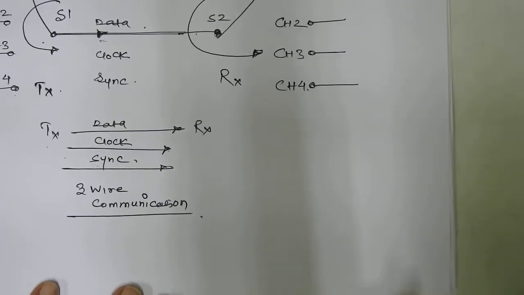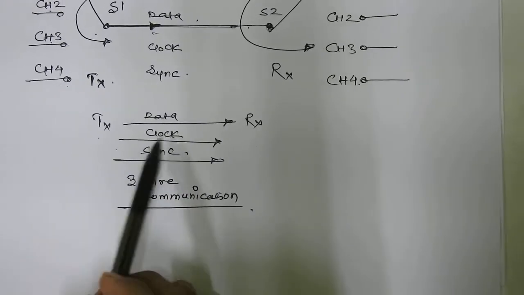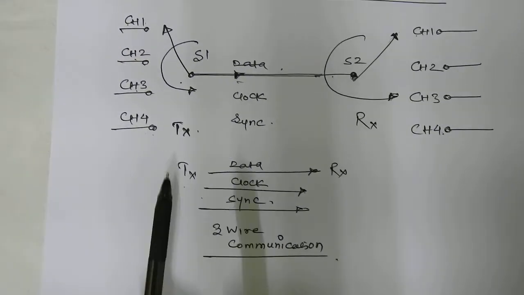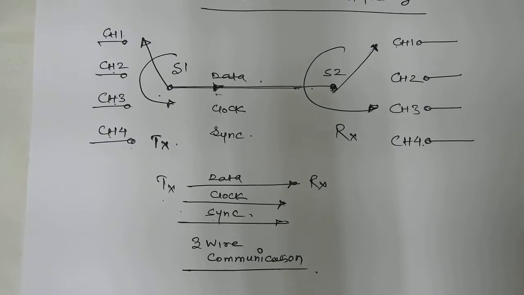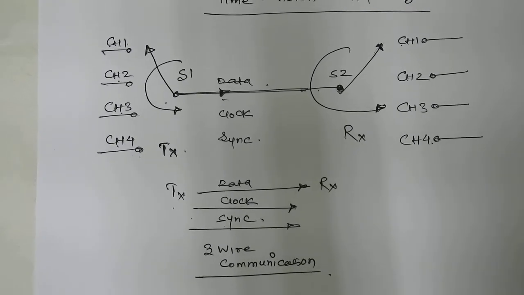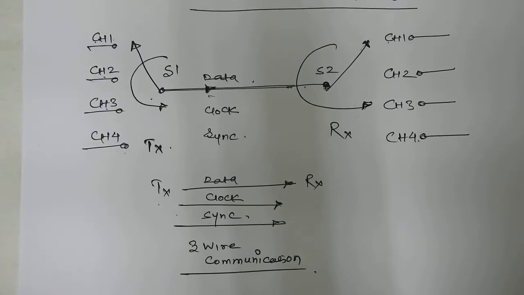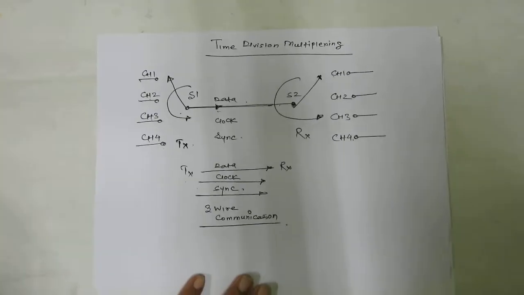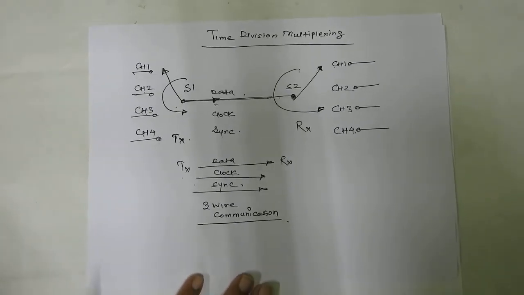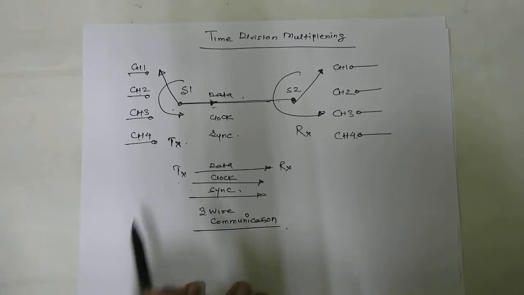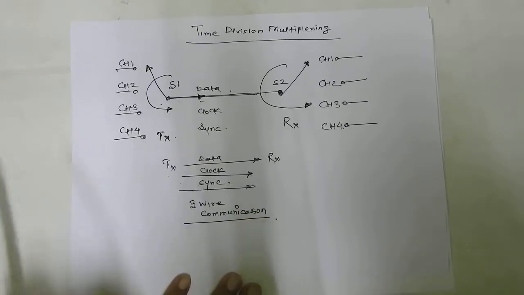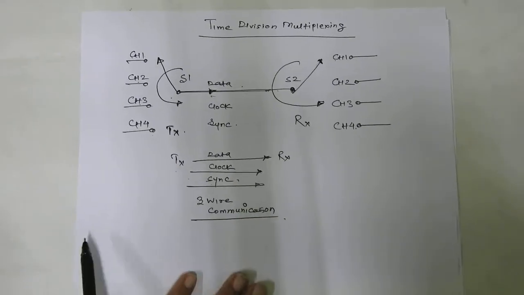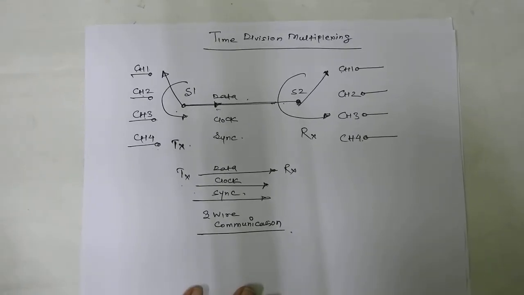Now to send data, clock and sync from transmitter to receiver, you need to lay down three cables. It's not practical, it is impossible. So then what do you do? You can see that after every fourth rotation we generate a sync pulse, indicating that it is synchronized.